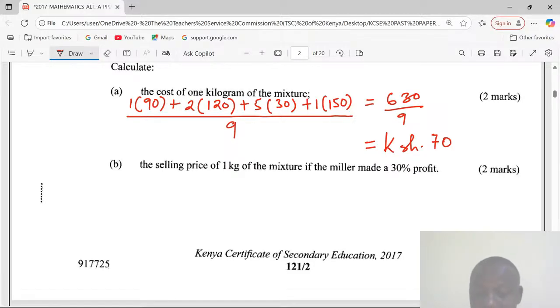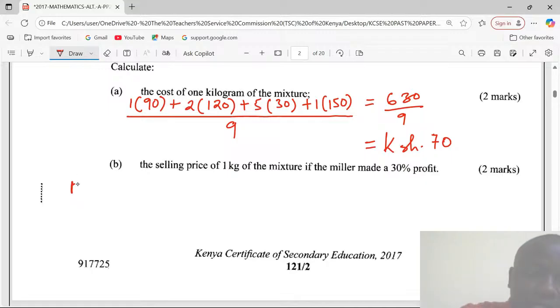All right, now that you guys understand, let's check part B of the same question. The selling price of 1 kilogram of the mixture if the miller made a profit of 30%. For this miller to make 30% profit and the cost of a kilogram is 70, how much are they going to sell 1 kilogram?